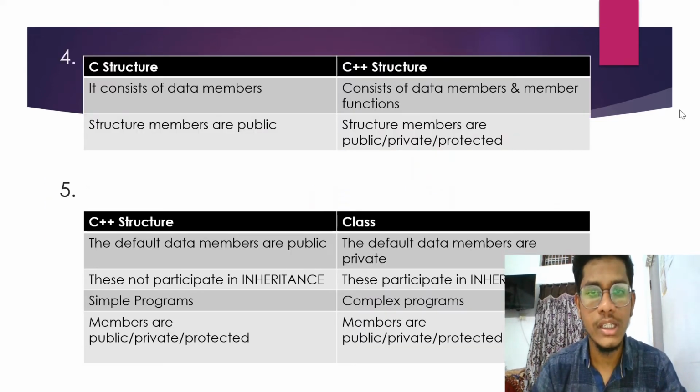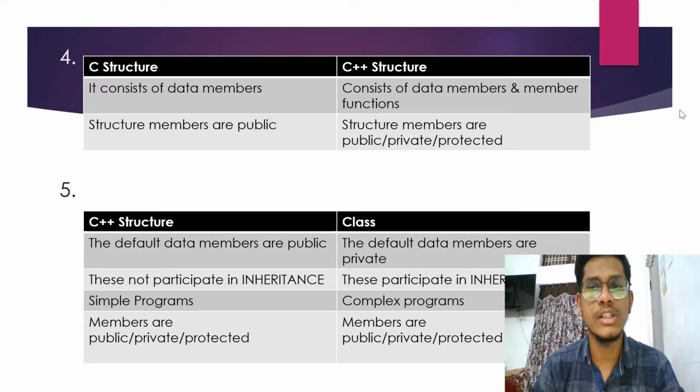Okay, after that, the difference between C and C++ structure. In C, we have only data members; there are no member functions. In C++, a structure consists of data members and member functions. Here member functions are used to assign or access the data members which are present in the class.